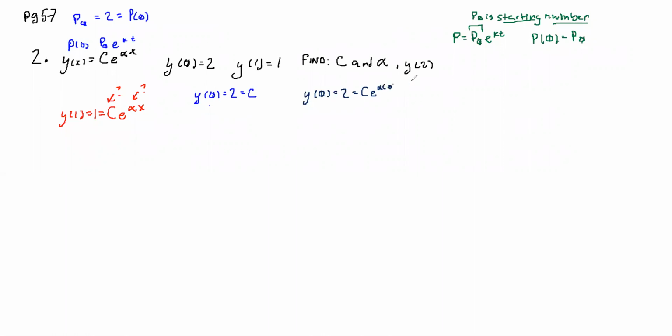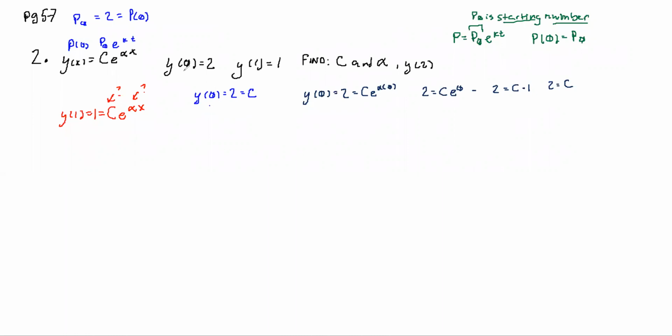So we'll end up with 2 is equal to c, e, and then alpha times 0 is 0. What is any number to the 0 power? 1. Yep, so this will be 2 is equal to c times 1, or 2 is equal to c.